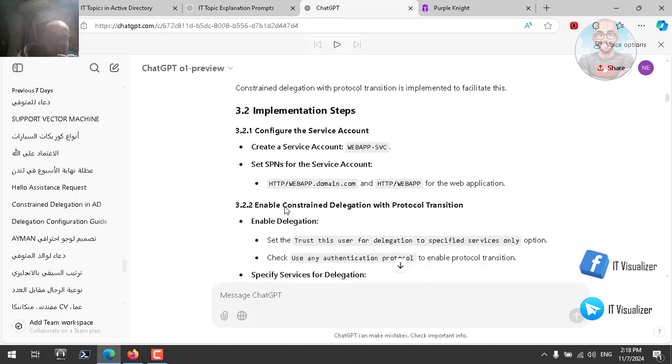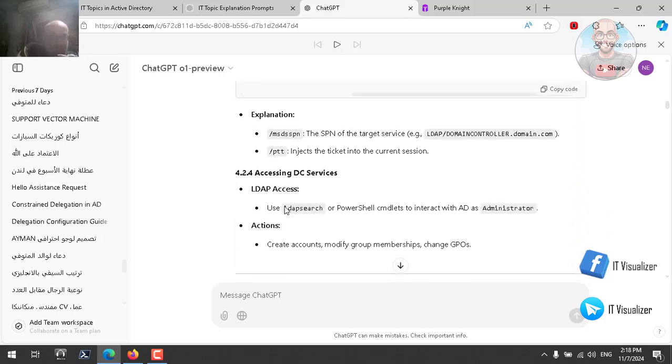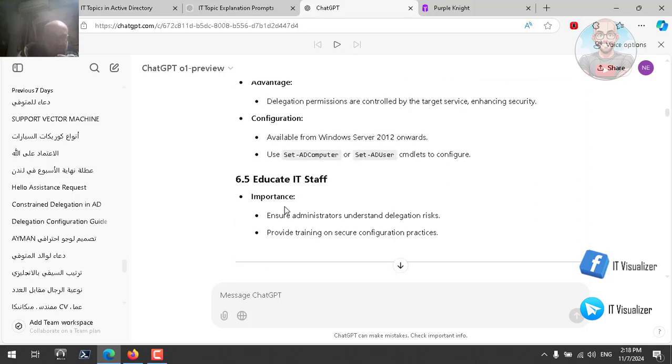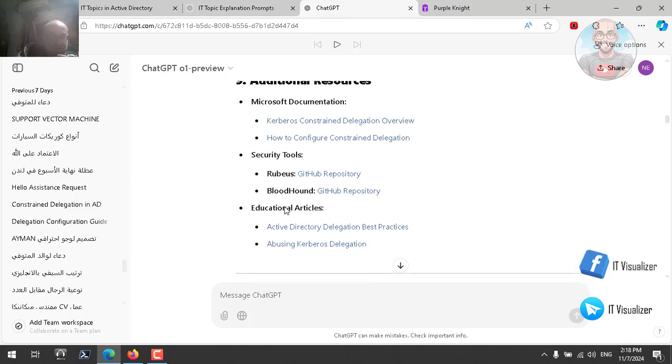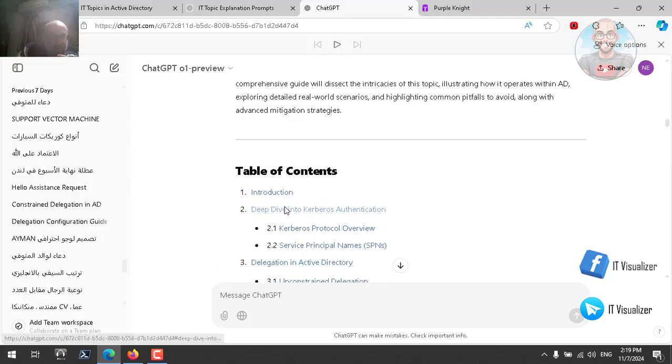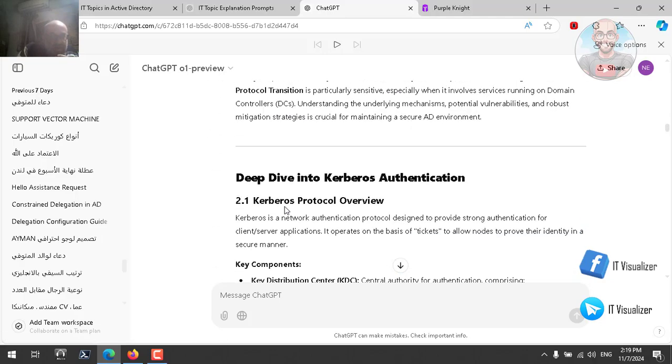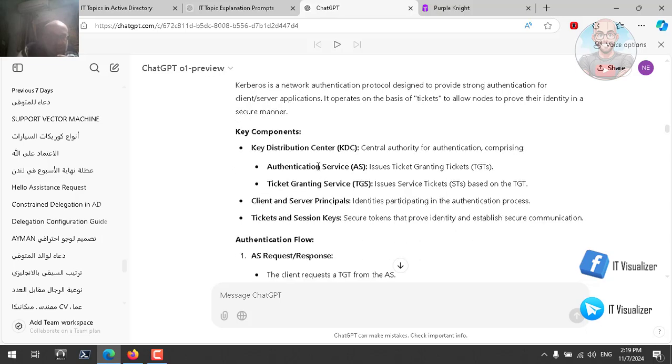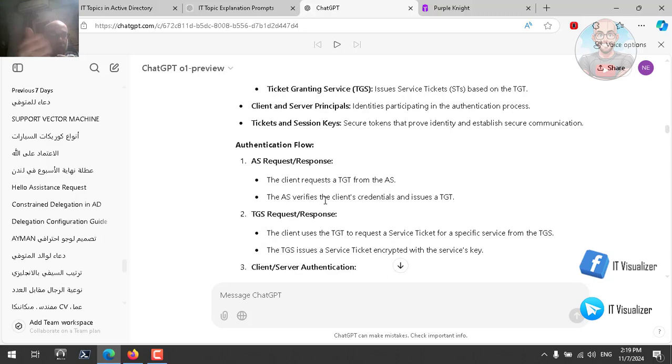So this is a change. Now he is going deep and giving us more info. If we go further, let me show you the differences. Now he's giving us more components, and then he's giving us the authentication flow, how the authentication is done.